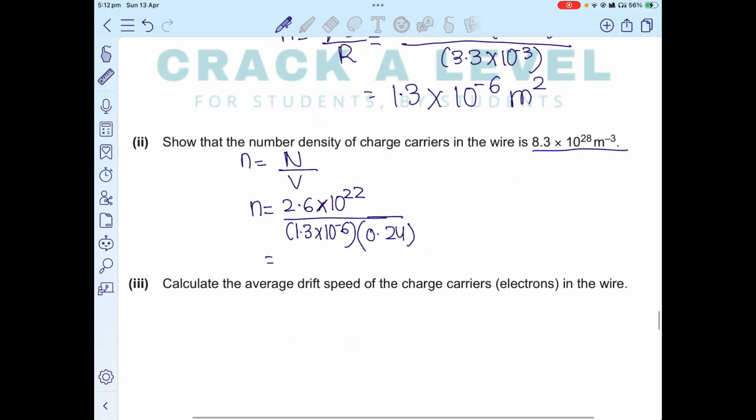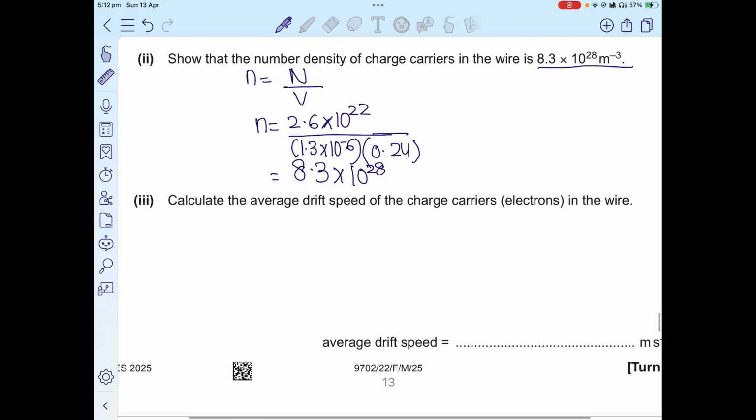When you do this, what do you get? 2.6 × 10²² divided by 1.3 × 10⁻⁶ times 0.24. That gives you 8.3 × 10²⁸. Again, the number density tells you how many charge carriers you have per unit volume. It is the total number of charge carriers divided by the volume, and the volume is the cross-sectional area times the length. So you get 8.3 × 10²⁸.